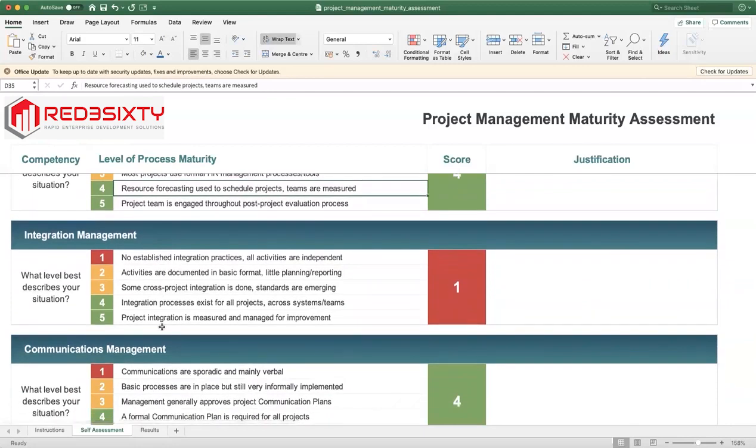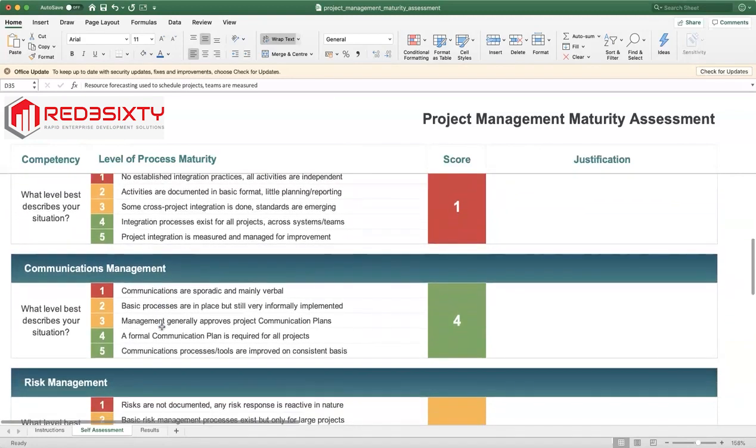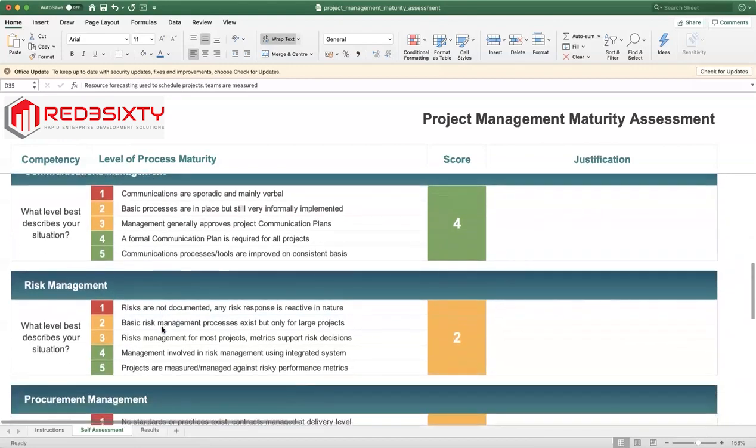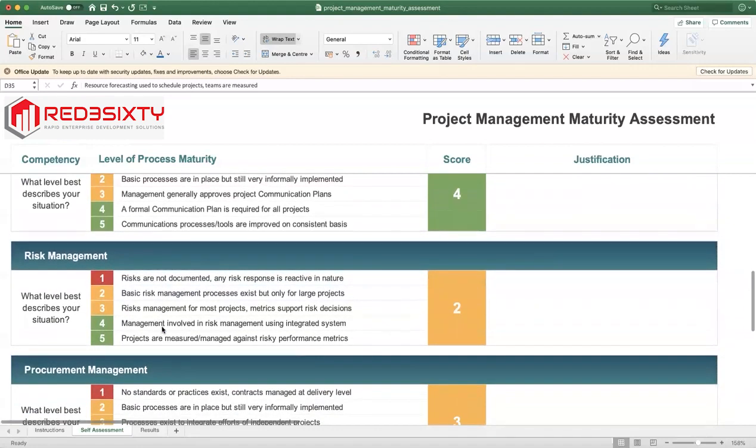Integration management. So how well are the projects and the project management process integrated into the overall processes of the company? Communication management. So how well are the timelines and the productivity and everything being executed and communicated to the rest of the team? What level best describes your situation?